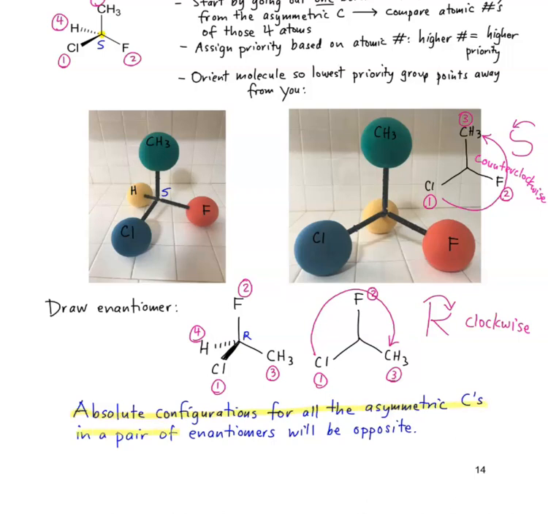So that is very important. So if you have a chiral molecule that has one asymmetric carbon, and let's say that its absolute configuration is R, then the configuration at the asymmetric carbon in the enantiomer will be S. And if you have more than one asymmetric carbon, then in the enantiomer of the structure, they're all going to be opposite. And we'll see examples of this later on.